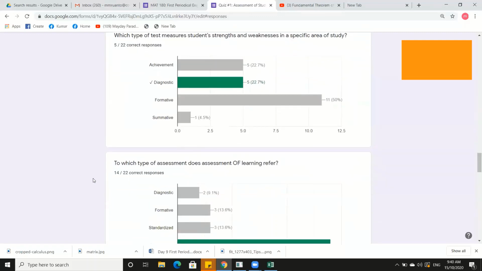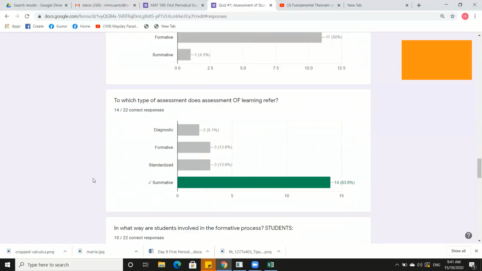Now let's proceed with another. To which type of assessment does assessment of learning refer? So when you say of, that is always summative. Assessment for learning is more of diagnostic and formative.